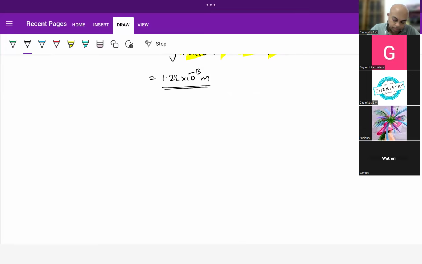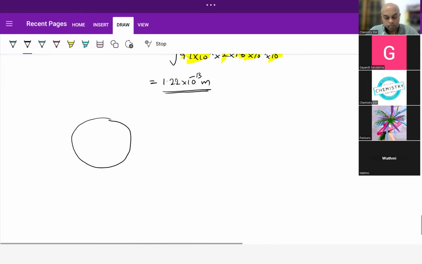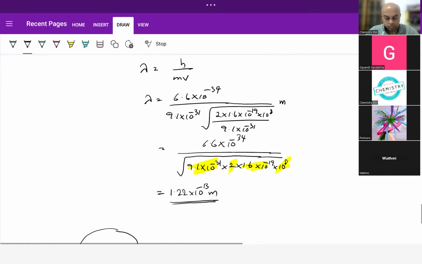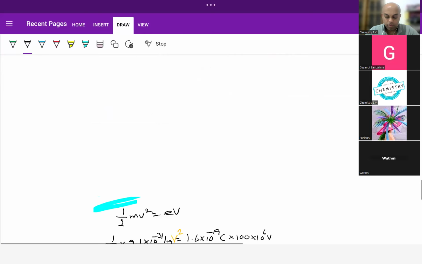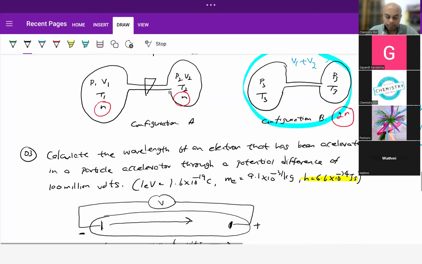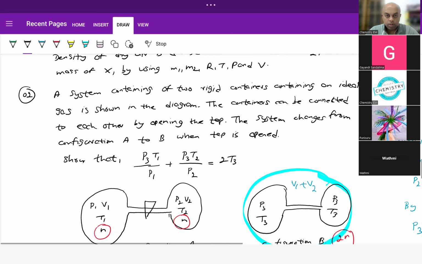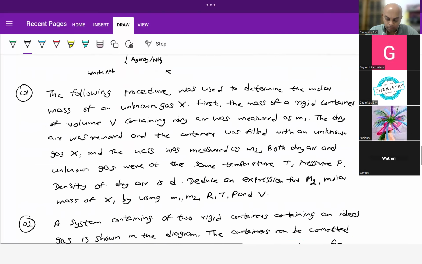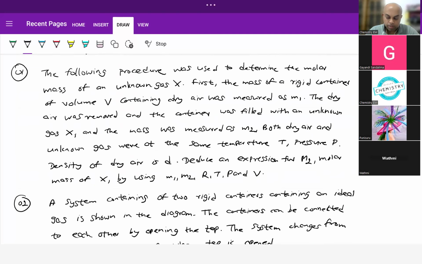So now we have actually two situations. The following procedure was used to determine the molar mass of an unknown gas X. First, the mass of a rigid container of volume V containing dry air was measured as M1.